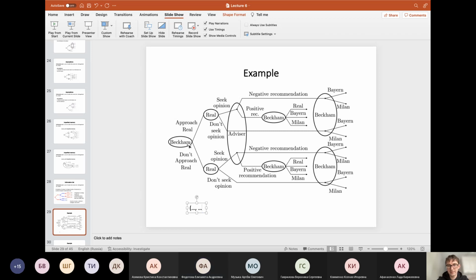Look, there are five information sets for Beckham, right? This one, this one, this one, this one, this one. That's why his strategy consists of five elements, the same as the number of information sets: 1, 2, 3, 4, 5.